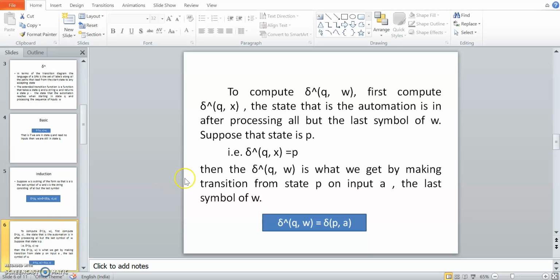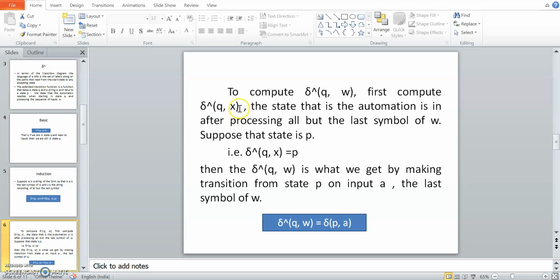To compute the extended transition function of Q and W, how do we do that? First, compute the extended function at state Q after reading X. Here it is not a symbol, it is actually a string: the state the automaton is in after processing all but the last symbol of W. The last symbol is what we are going to read next, so whatever part of the string is read until then is X. First we need to compute what the state is at that point.